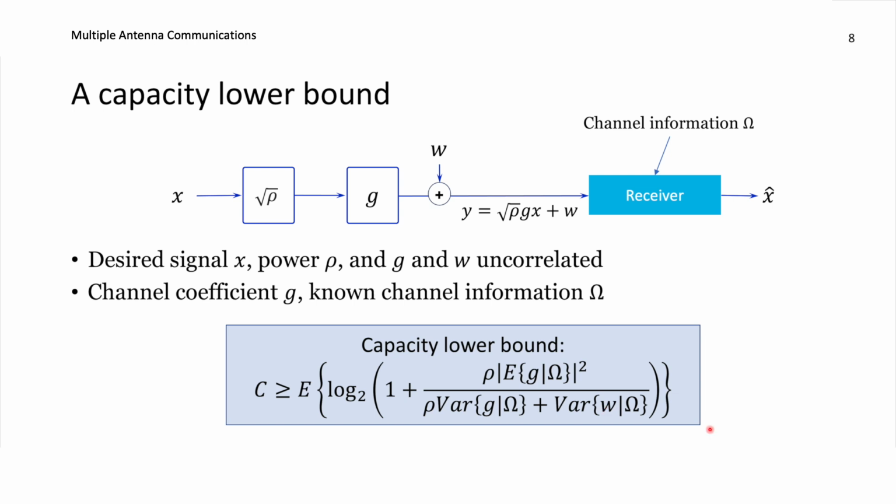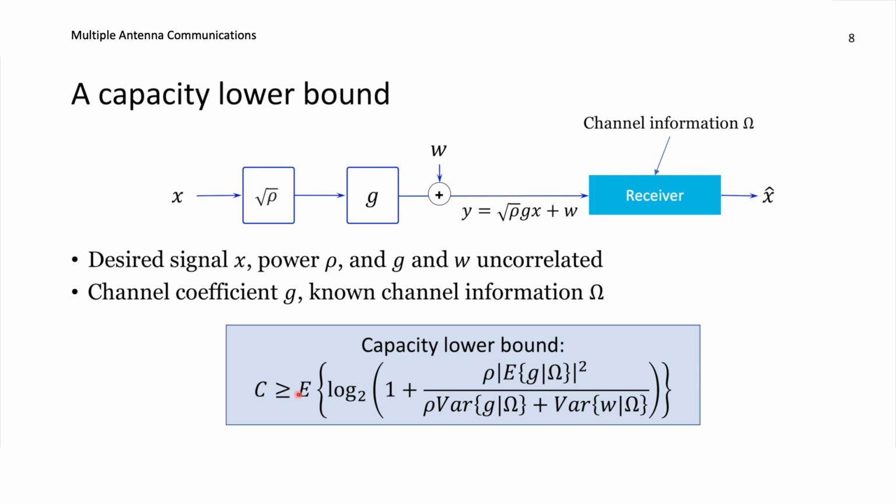Since we are considering a fast fading channel where the realization of the channels are changing all the time, then this is going to be a random number, and the expectation here is once again taking the expectation over the different channel realizations. So the capacity is greater than or equal to this term, and usually we should expect it to be smaller. So equality here would only appear when we have perfect knowledge of the channels.